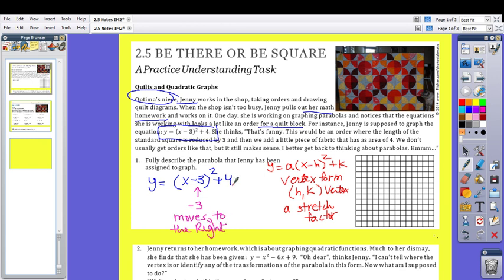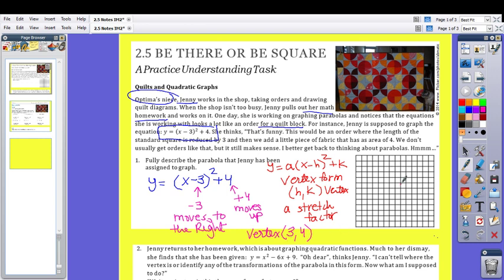And this positive 4 moves the graph up because it's positive. If it was negative, then it would have moved it down. Then its vertex will be, look how you have negative here, so you have to keep the opposite sign. So that's why the vertex will be (3, 4).